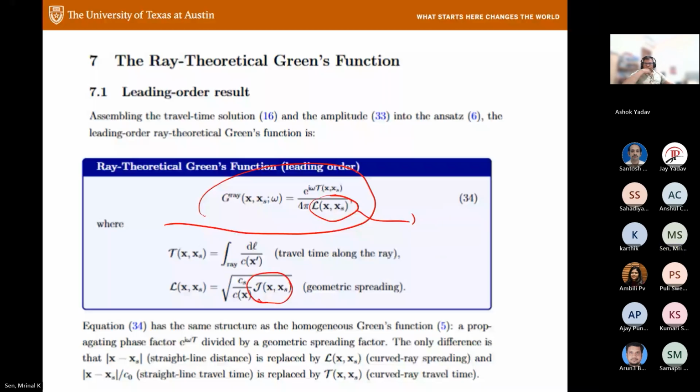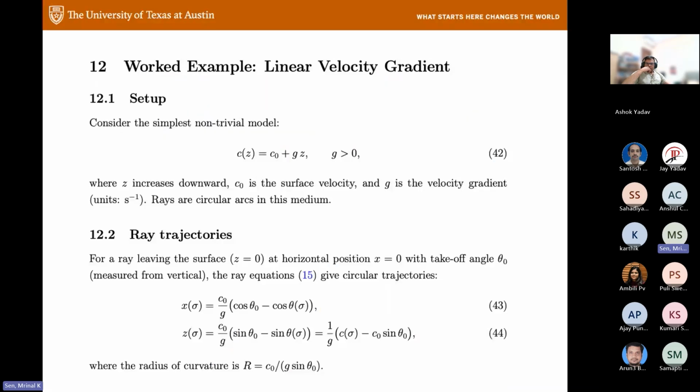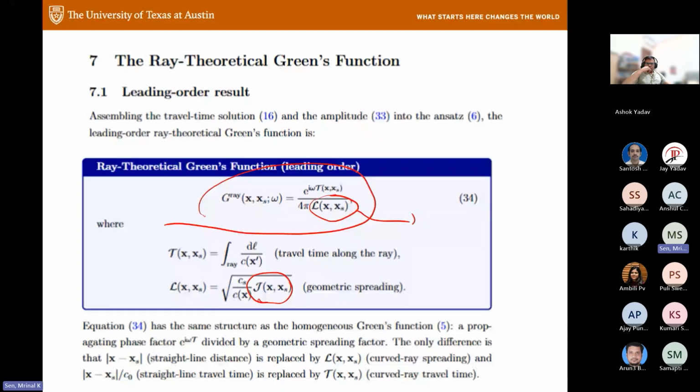But otherwise, this needs to be computed using this equation, and that involves something called a Jacobian. Okay, and this Jacobian has been derived by a couple of different approaches, but at the end of the day, if you have a ray coming up to here, then you consider a small ray tube, and this Jacobian gives you the area of the ray tube. Okay, so when the rays are coming together, your amplitude increases.